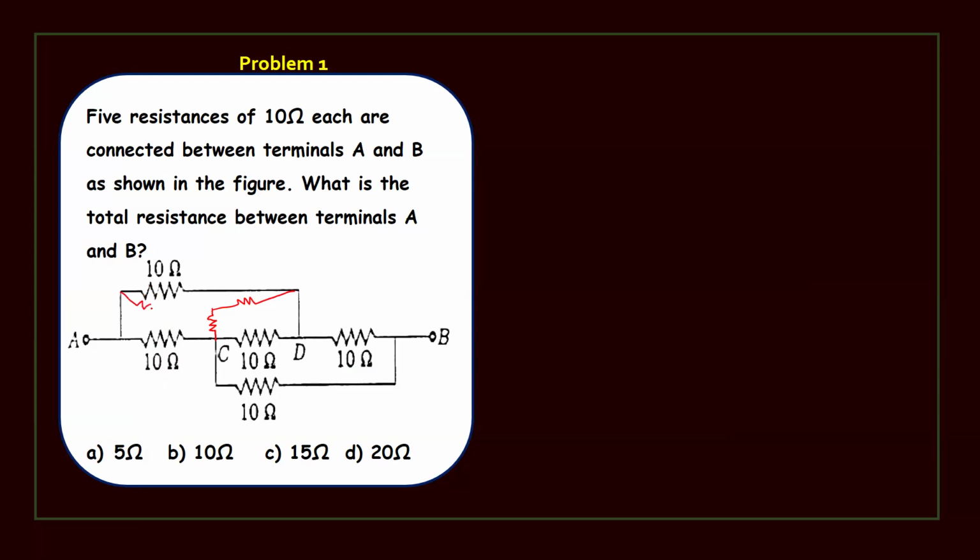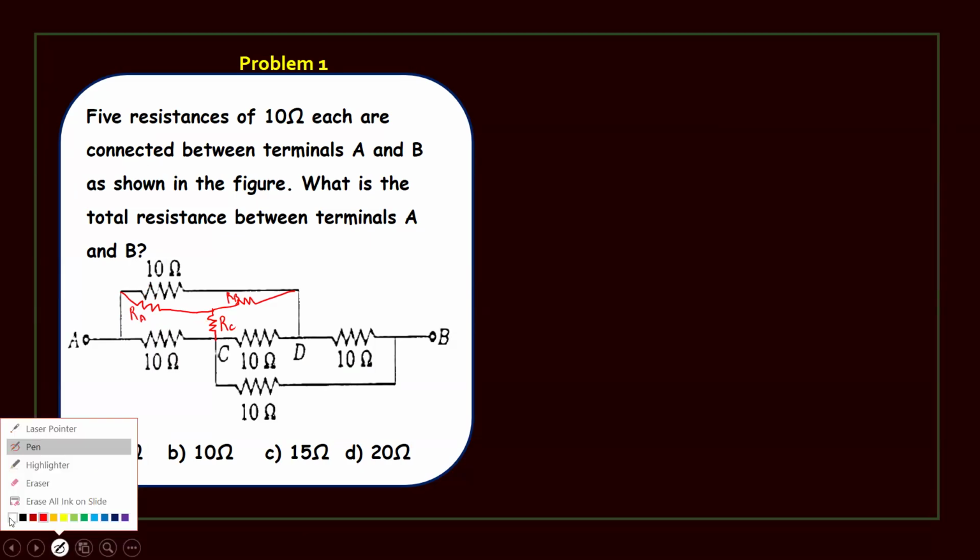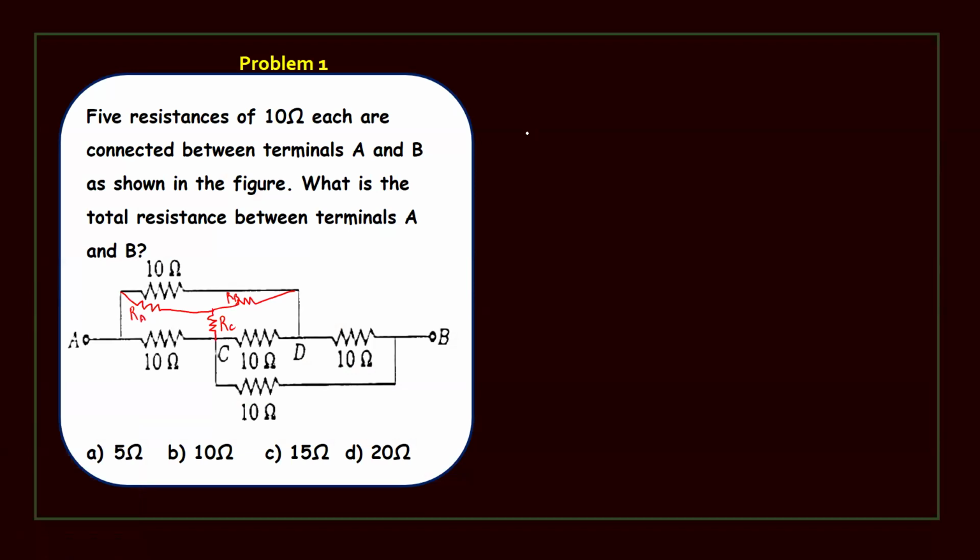And then we can find the equivalent resistance. So I'm naming this as RA, RB, and then RC. After conversion, the circuit will be simplified like this, between the terminals A and B. So this is RA, RB, and RC.